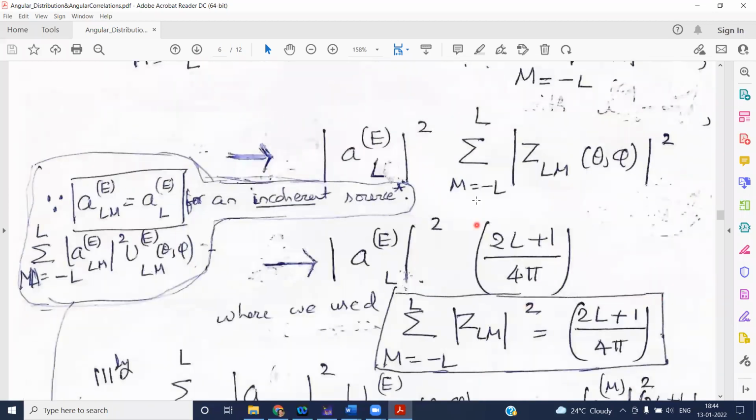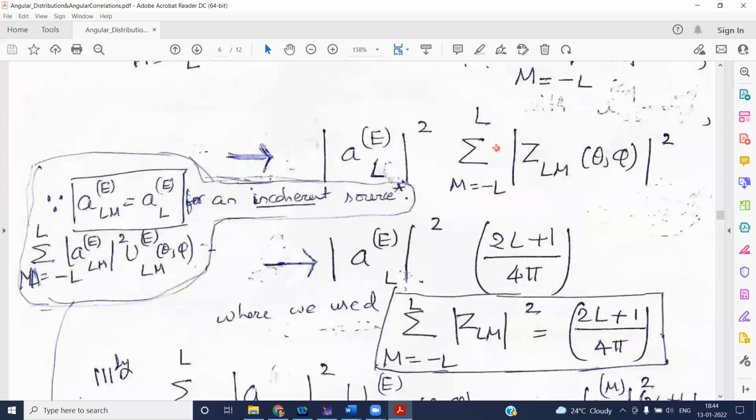Now I know the result for Z_LM. If I take Z_LM of theta phi summed over M from -L to +L, it gives me the value (2L + 1)/4 pi, which is independent of theta phi.